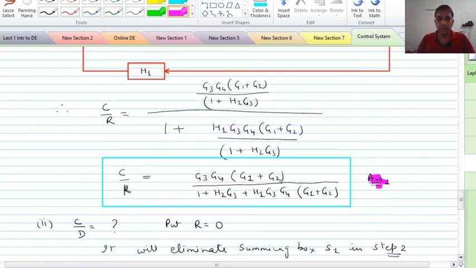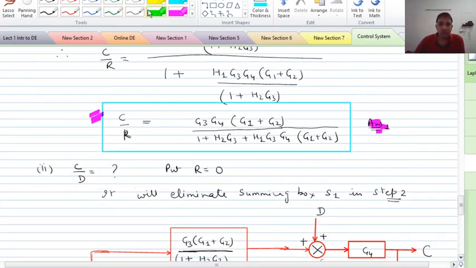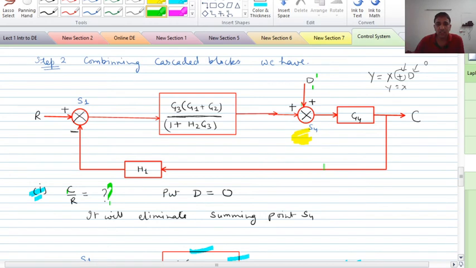Okay. Keep in mind this first answer C by R, because we need it to find the total output at last. Now in the second stage, because we have to find the value of C by D, we have to put R equals 0 in this case.